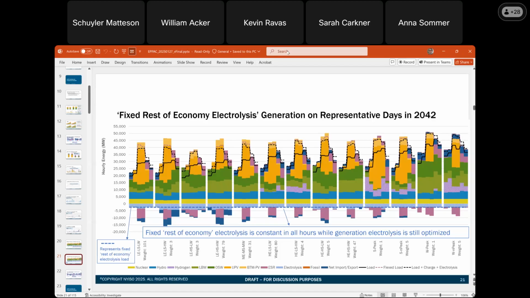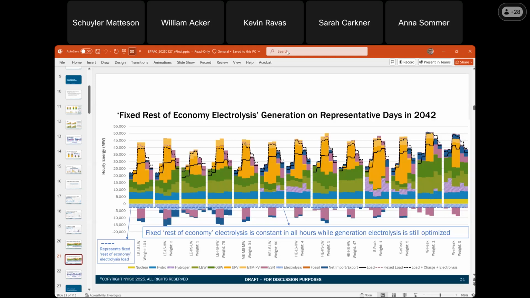So we don't have the full legend split out here describing what each of these days are, but if you look at the day on the far left, LE, LS, LW, that designates a low energy, low solar, low wind day. And each of the representative days are going to be a various combination of either low or high energy, solar, and wind, to come up with the various different system conditions that it could be, to be representative for what a year could look like.